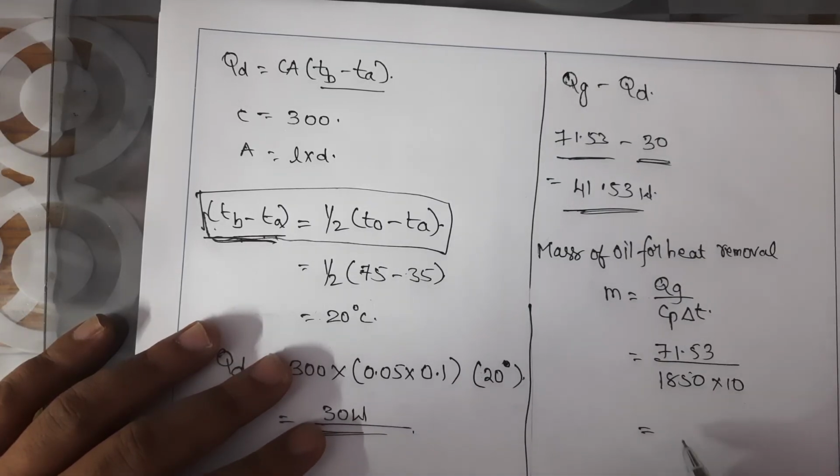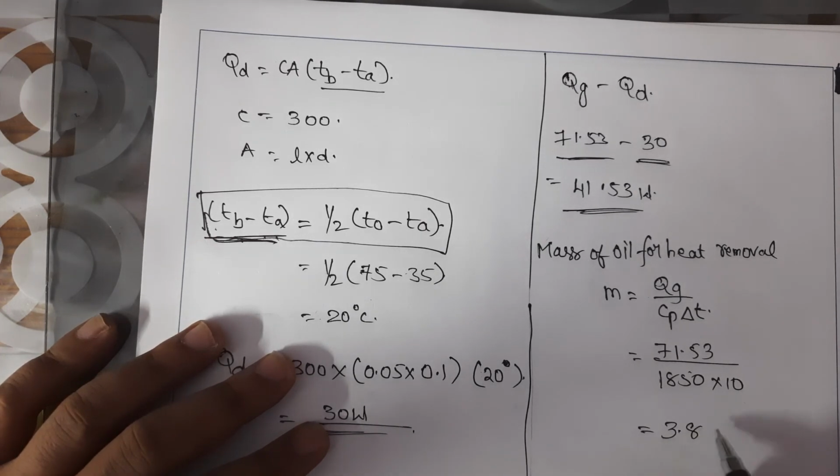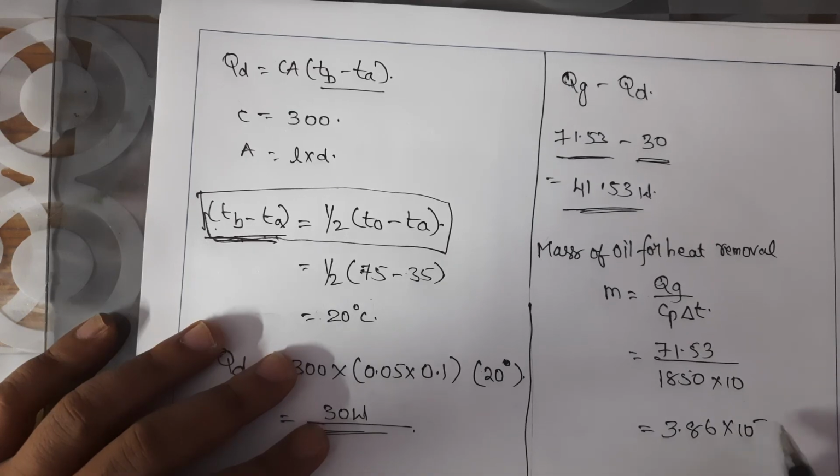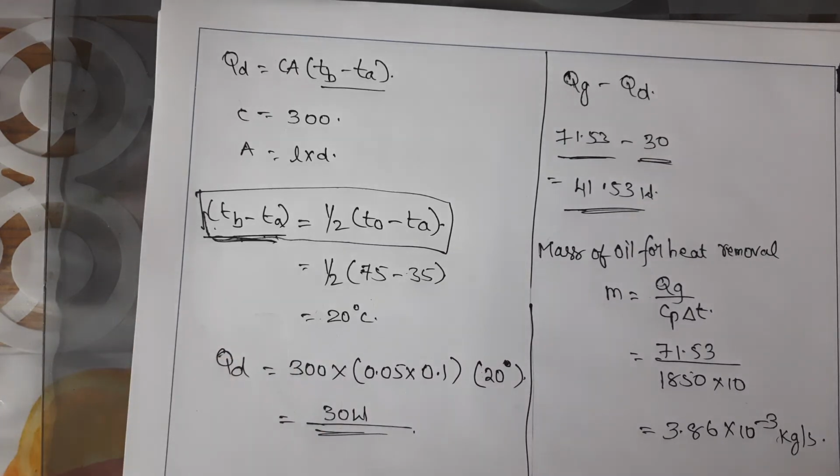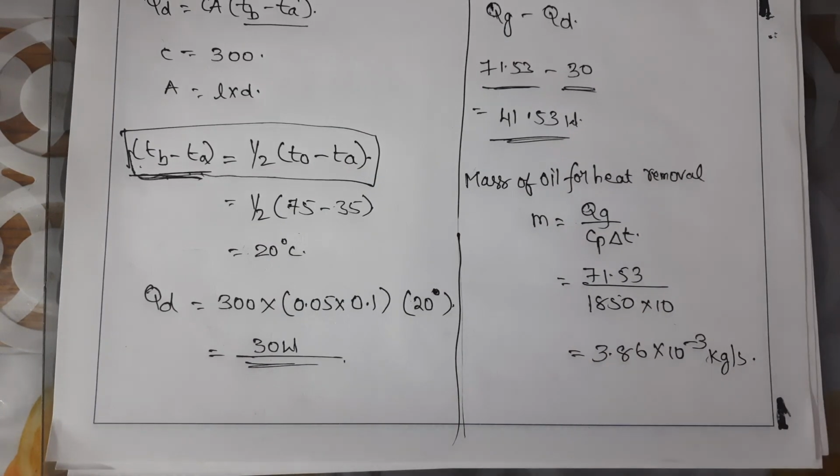I have got an answer of 3.86 into 10 to the power of -3 kg per second. This is the value that I have got. So just check the value and tell me the answer. If any one of you got a different answer, let me know.